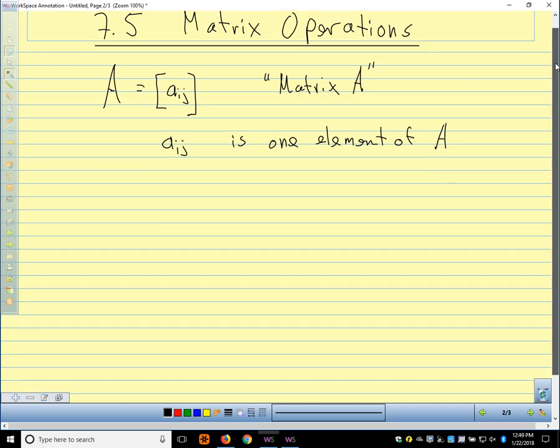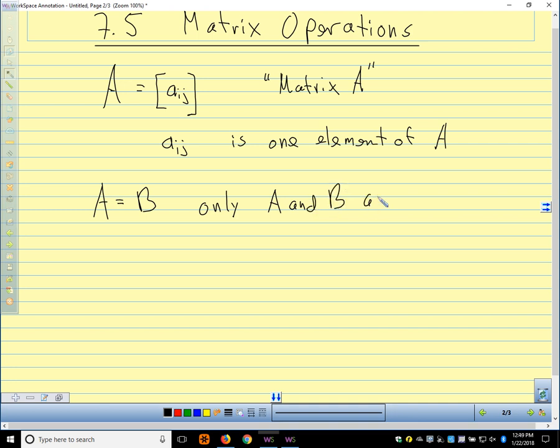Two matrices are equal only if they're both the same size and each corresponding element is equal.